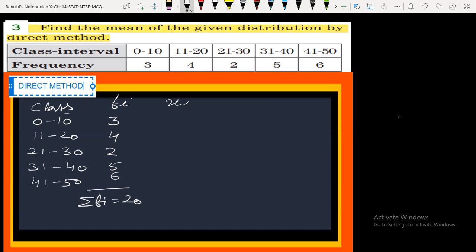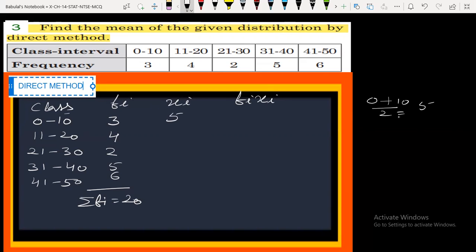Next column is class mark. Next column is the product of frequency with the corresponding class mark. So class mark is the, what is the mid value of the first class? 0 plus 10, means lower limit plus upper limit divided by 2, that is 5.